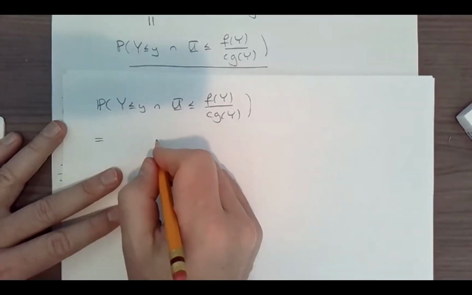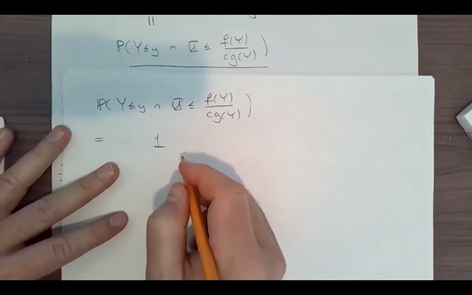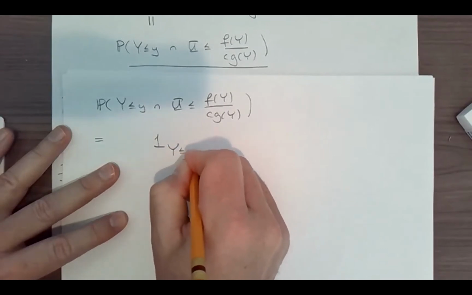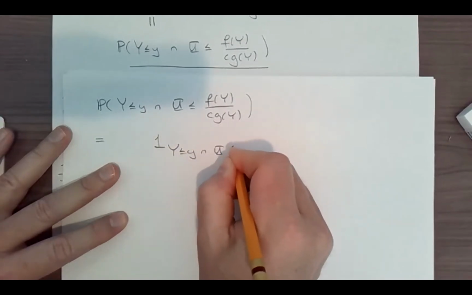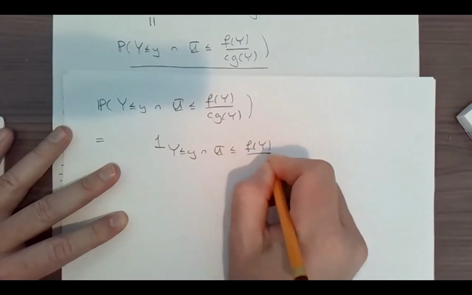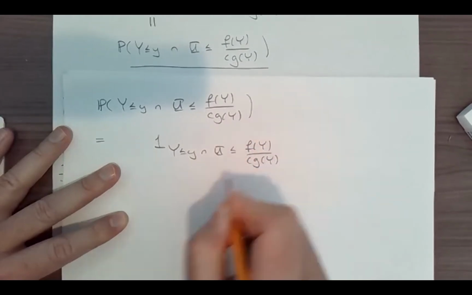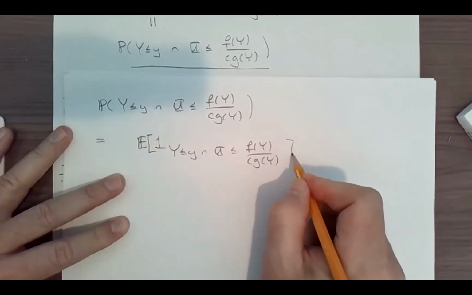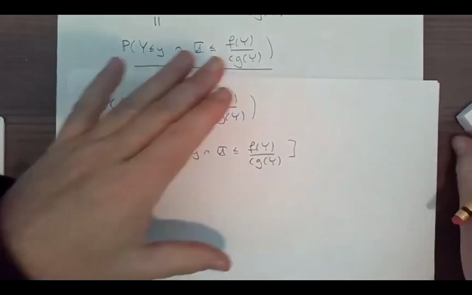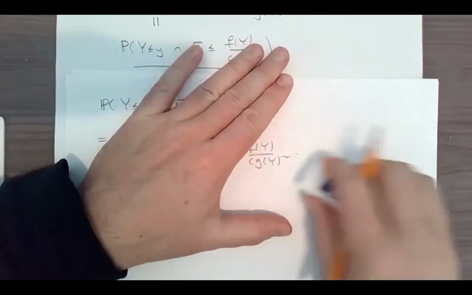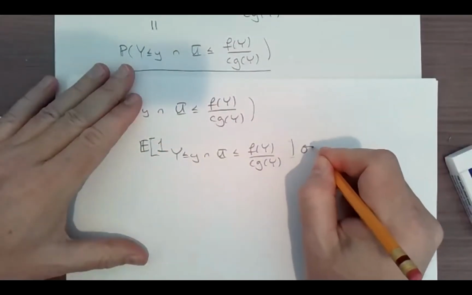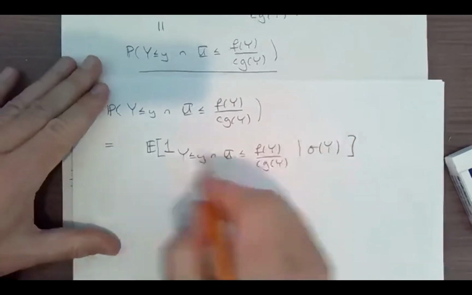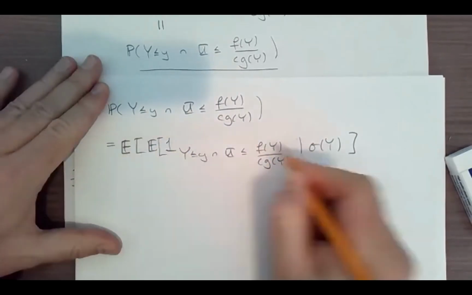So a probability, right? That's the indicator. That's the indicator that Y is less than y and U is less than f of y divided by c g of y. So these two things are the same. And then I'm going to condition on Y. And then I'm going to take an extra expectation.